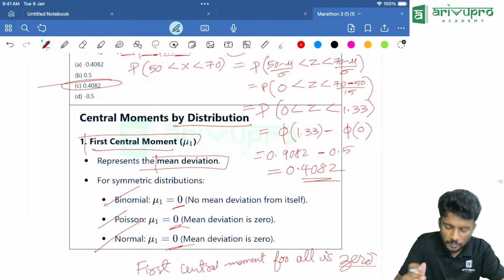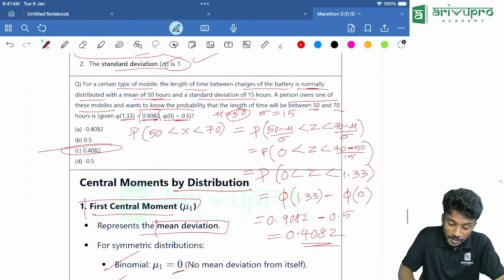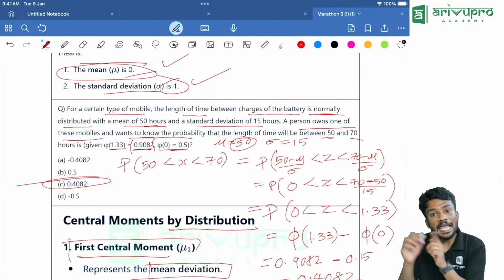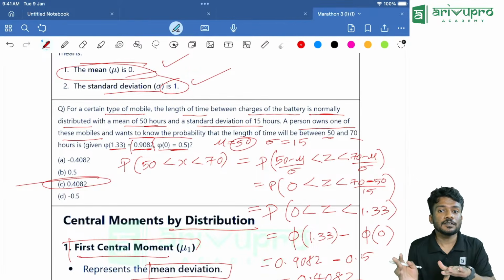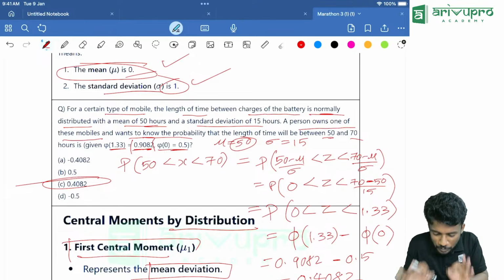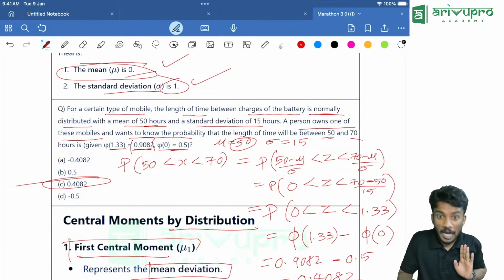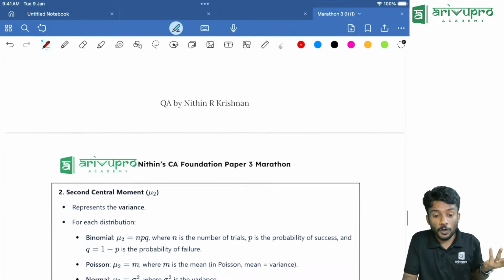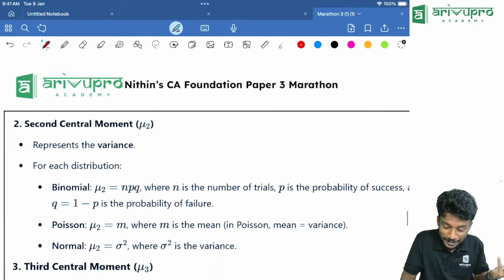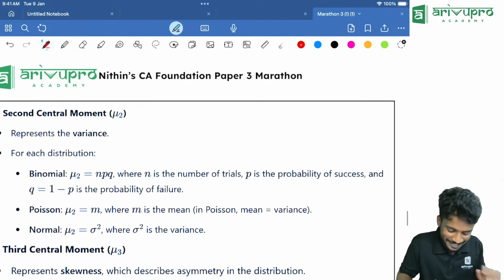But the problem is what? Sometimes it will be like in between 70 and 50. They will give it the opposite way. Then our answer will change. So always put the equation and try to get the answer. Otherwise, sometimes you will go wrong. Who knows? If they want to complicate it, they can always complicate it, right? Yes, that is the method.